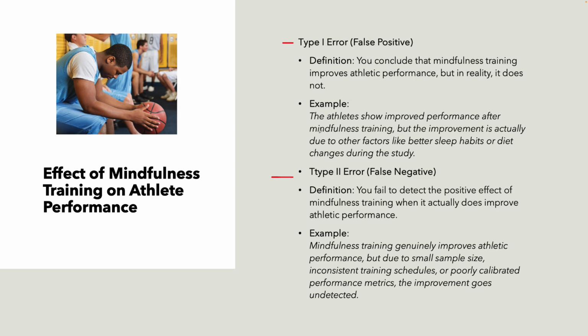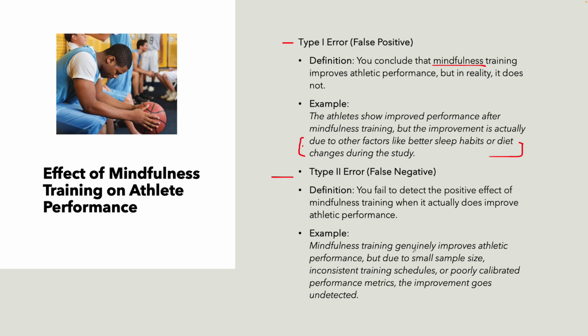So this could be another example. Maybe you didn't control for these things, but these are the things that are actually improving performance. It has nothing to do with the mindfulness training. A type 2 error would be you failed to detect the positive effect of mindfulness training when it actually does improve. So here's an example.